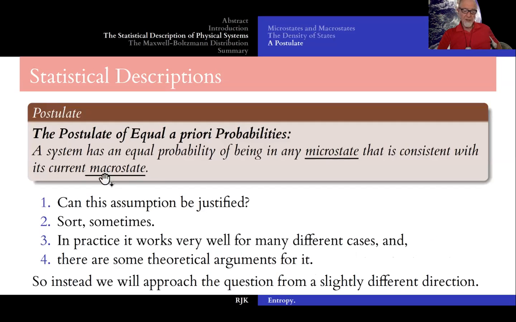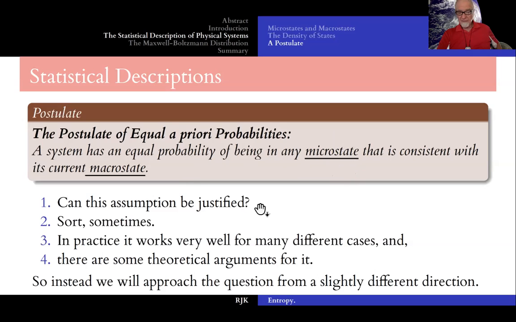So the energy is the macro state, defines what the possible microstates are, that is the sphere in 3n dimensional momentum space. And every one of those microstates along that surface of the 3n dimensional sphere has equal probability.